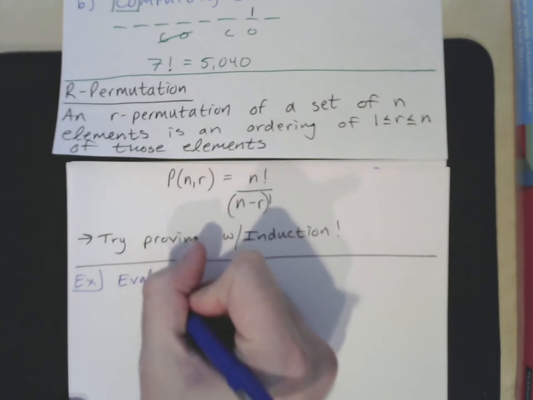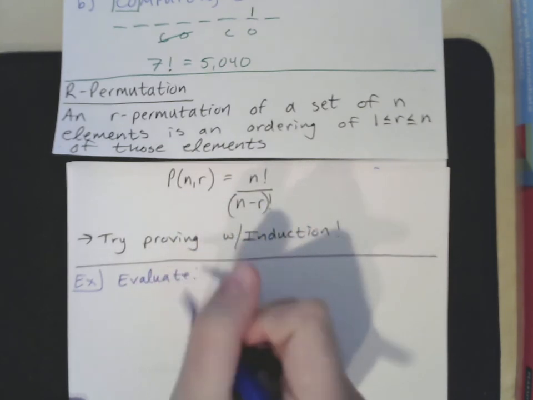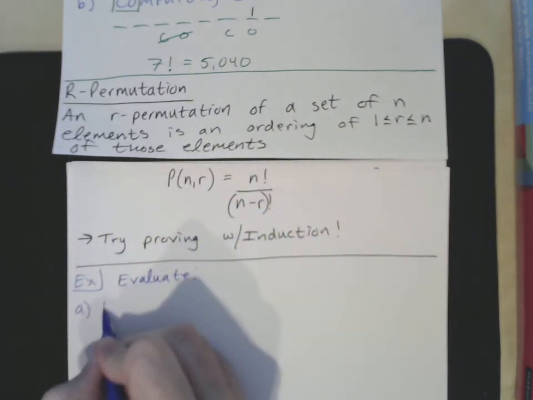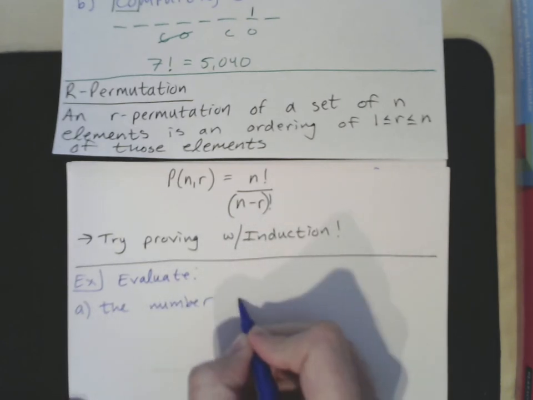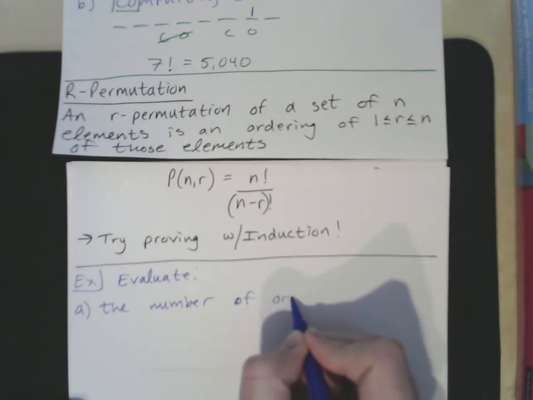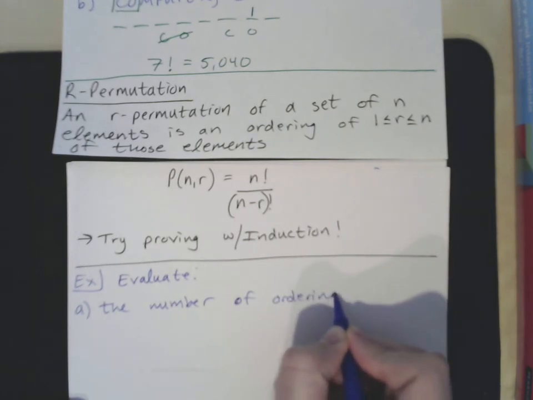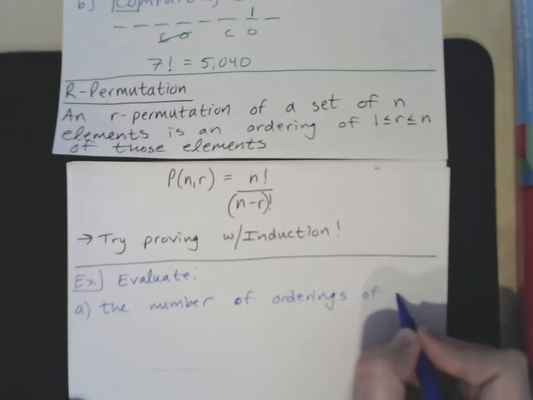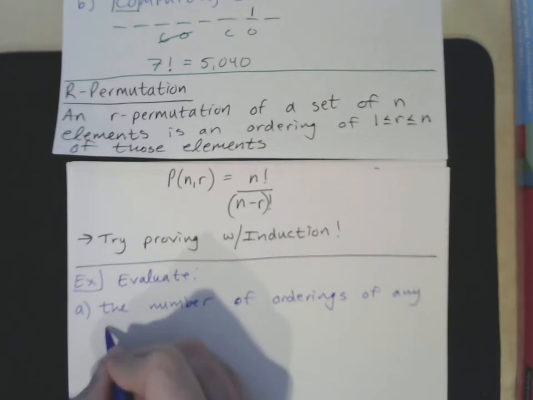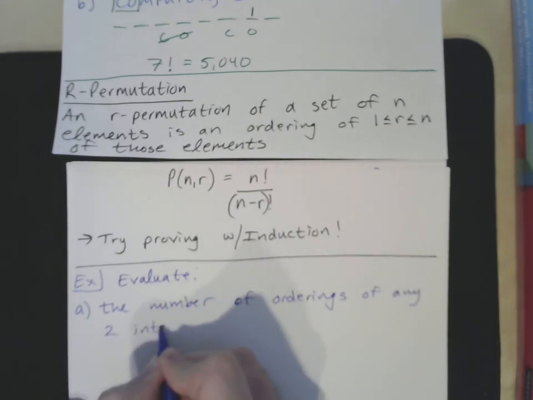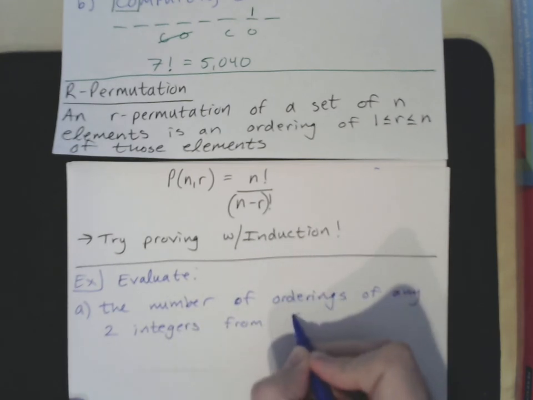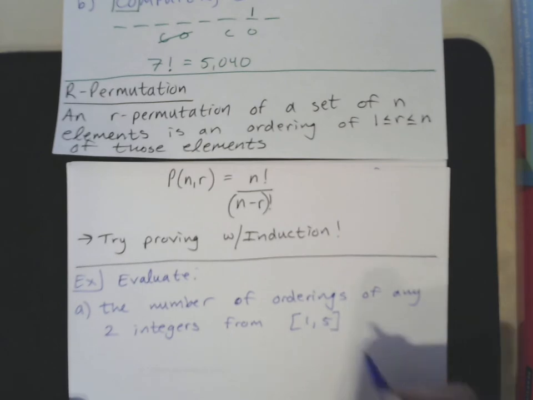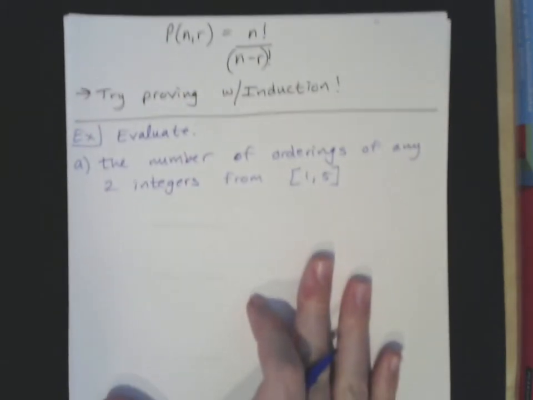So the first is just some evaluations. And we're going to do the number of orderings of any two integers from 1 to 5 to start.